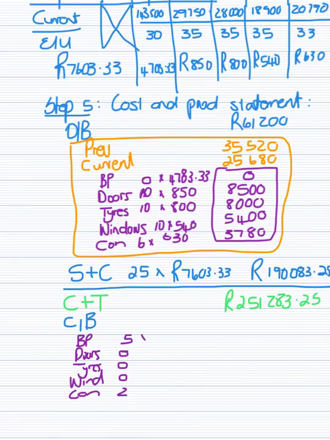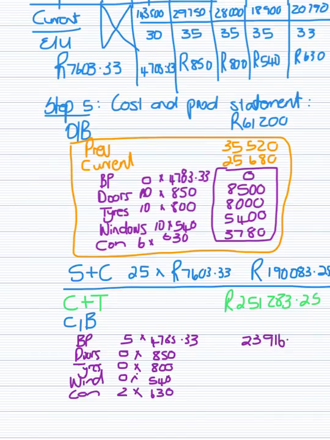We multiply this with our cost per unit, so it's 4783.33, 850, 800, 540, 630. It gives me 23,916.65, 0, 0, 0, and 1,260.